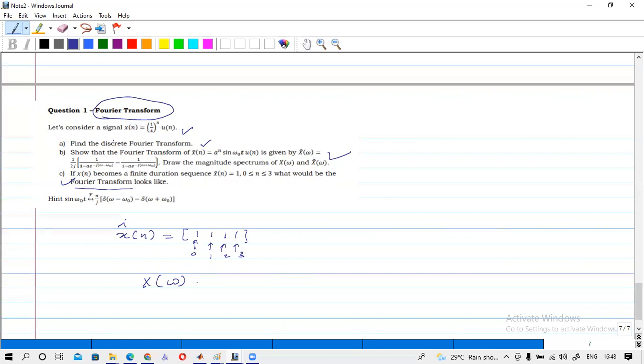So this X of omega will be, you know, the sum for n equals 0 to 3 of x[n] e to the power minus j omega n.